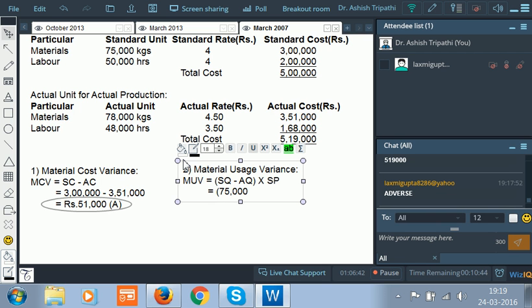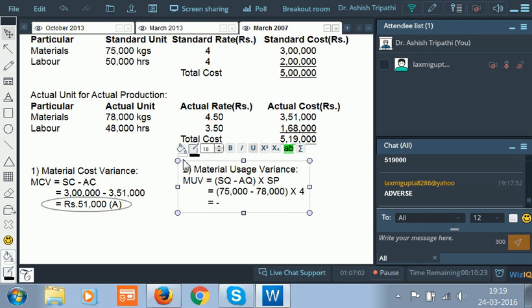Standard quantity for material is 75,000 minus actual quantity 78,000 into standard price 4.